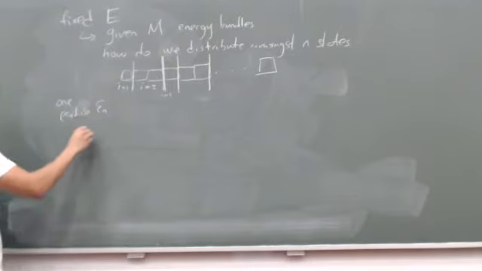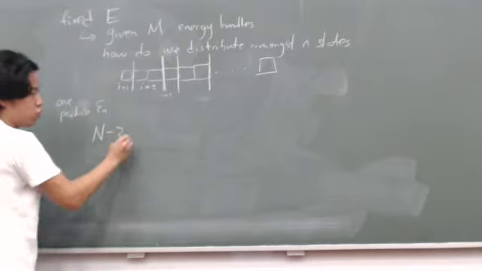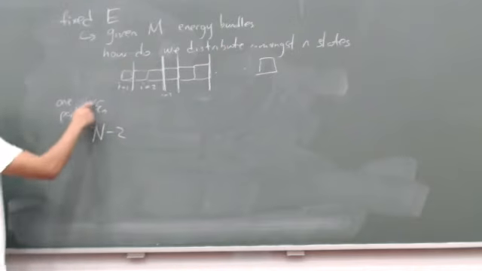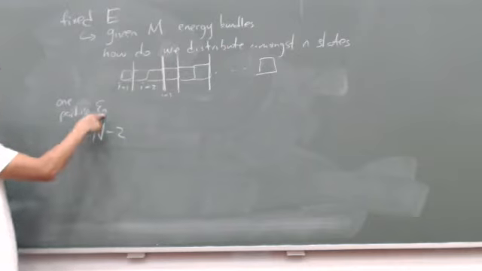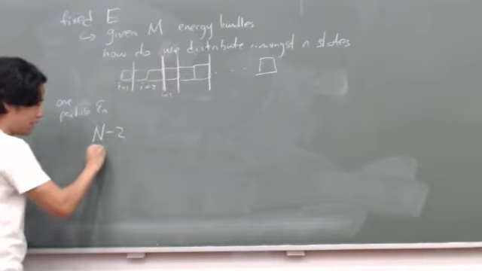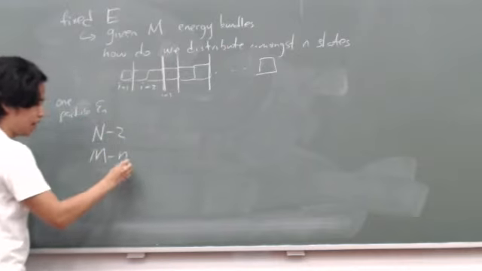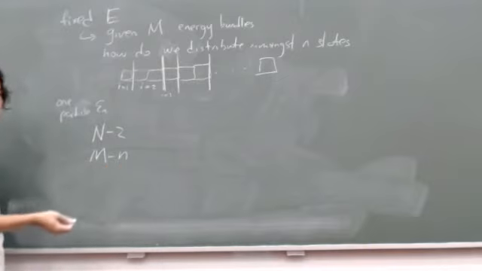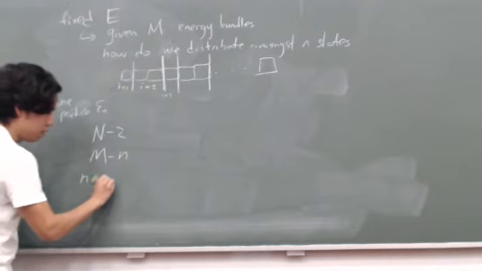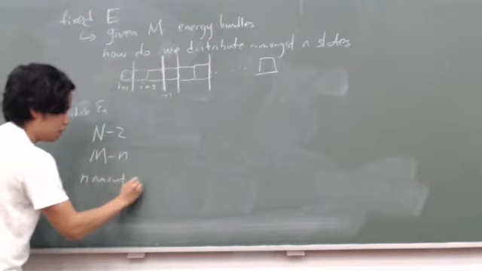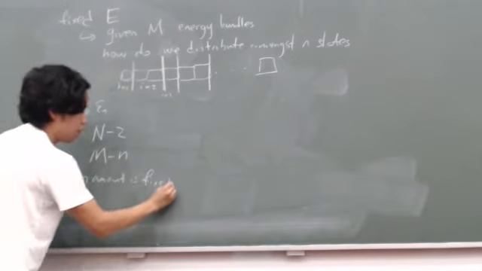That means we now only have N minus 2 dividers to play with because we're fixing one of the dividers for this particle. And depending on what energy n this is, we also now only have capital M minus little n bundles to assign, because n amount is fixed for that particle.